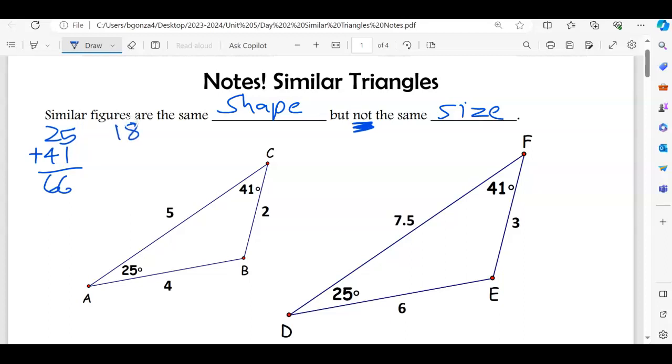Subtract 66 from 180. I get 114. Okay. So 114 can go right there, that missing angle B, that missing angle E. Okay. Now you can clearly see all the angles are the same, right?